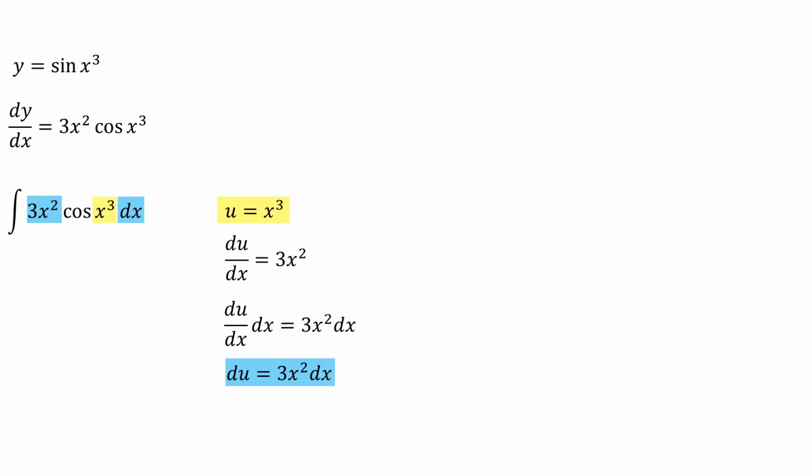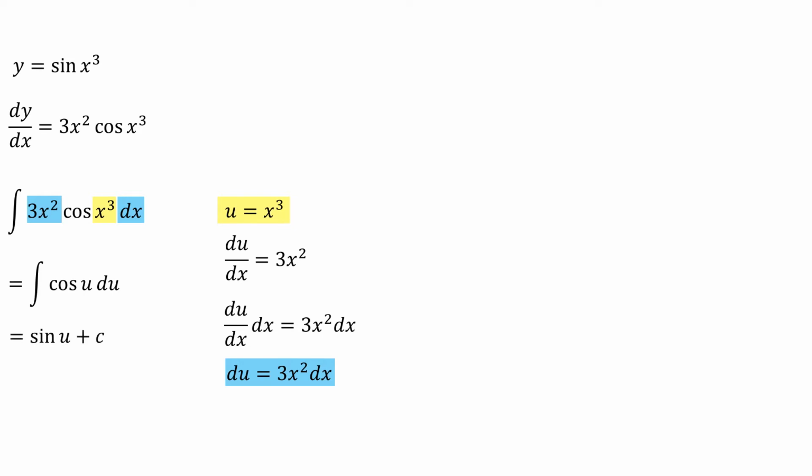So what am I left with? Well, there's the integral symbol, and there's a cosine. So x to the third will be substituted with u. 3x squared dx becomes du. And I'm like, oh, I just have to integrate cosine. That's easy. When I integrate cosine, I just get sine.